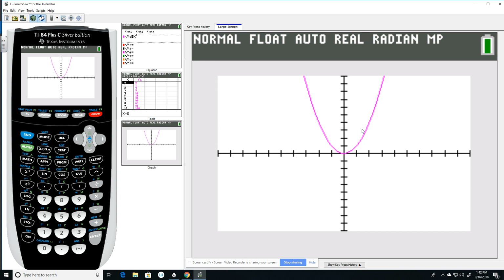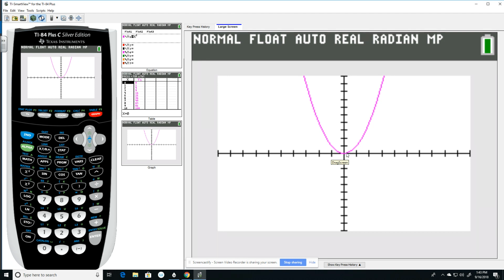But the reason we've got two sides to this graph is because if I plug in -1 for x, instead of plugging in 1, and I square it, a negative times a negative is a positive. So even though I plugged in a different number, I also got 1 positive as my output.